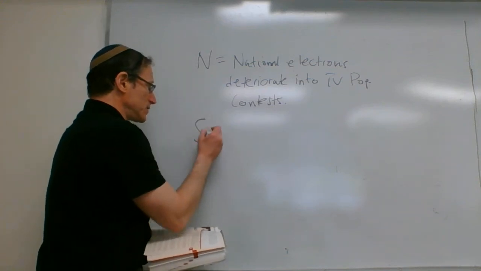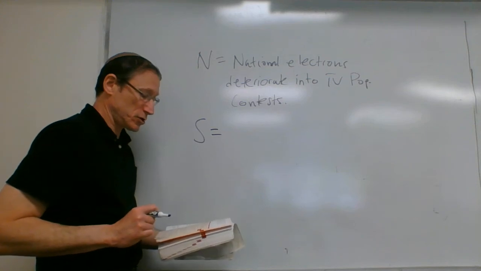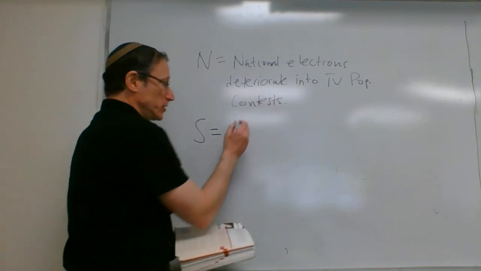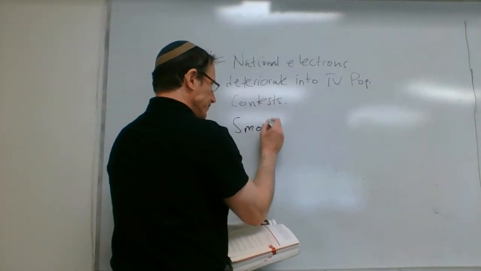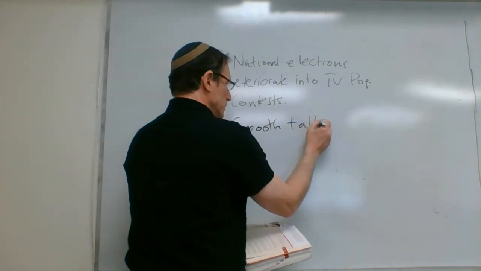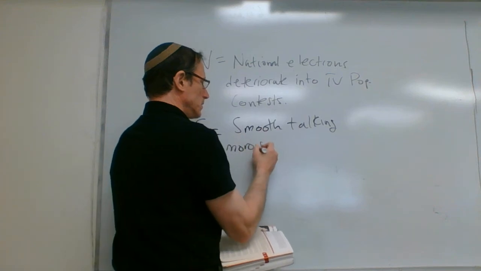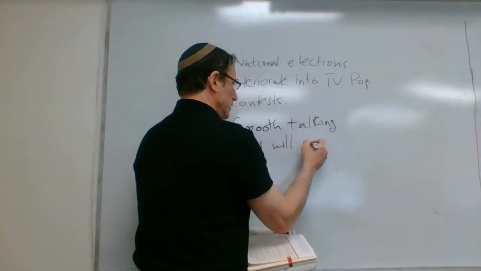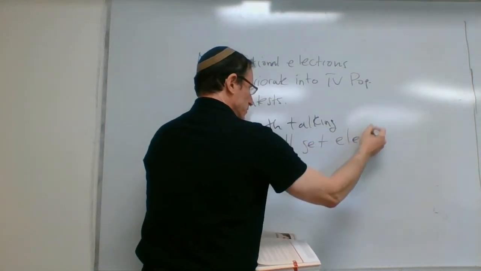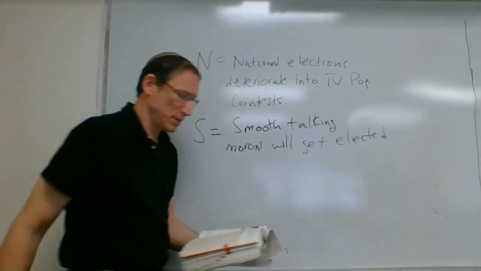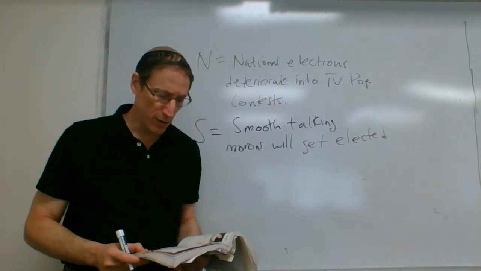I'm going to let S stand for smooth-talking morons will get elected. Now, do I have any other components in this argument?